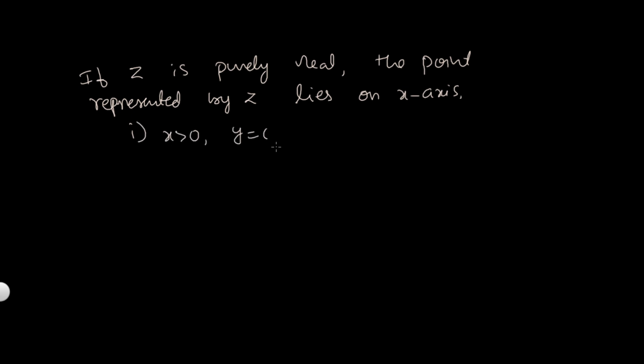That is, the point lies on the x-axis means it is always of the form x comma 0. So x should be positive, or else x should be negative and the y coordinate should be 0. Why? Because the point lies on the x-axis.